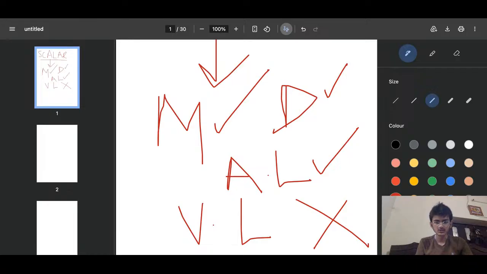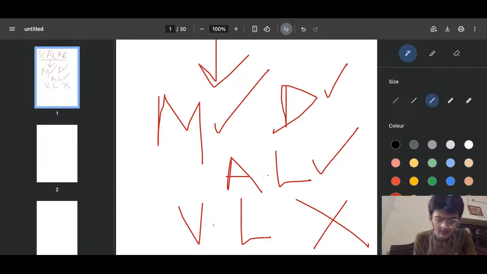So, everything on the board: for a scalar, magnitude is compulsory. For a vector, also magnitude is compulsory. For a scalar, direction is optional. If it has direction, we have to check the third condition to say whether it is a scalar or vector quantity, that is, vector law or algebraic law.